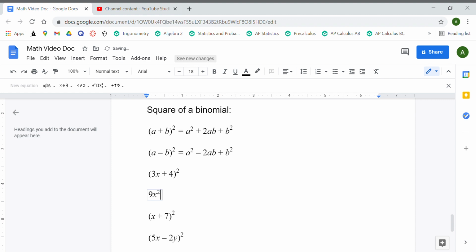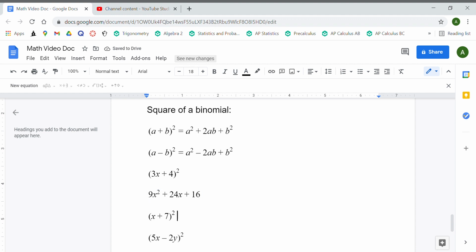Then plus 2 times 3x times 4, plus 4 squared. Now I'm just going to use this space right here and multiply. So it's going to be 2 times 3x, which equals 6x. 6x times 4 equals 24x.